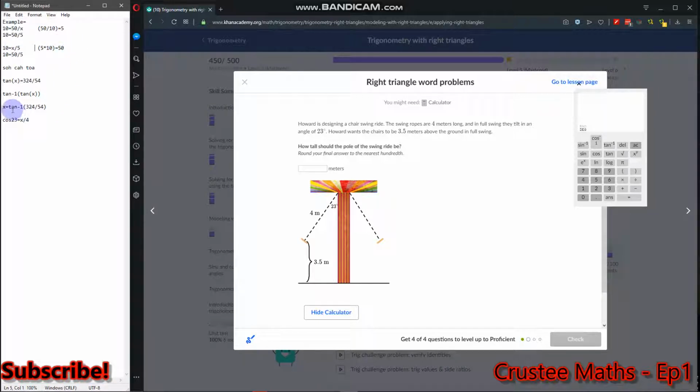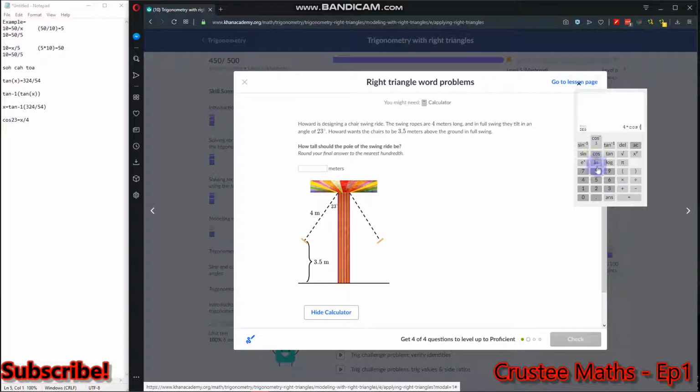So it's basically 4 multiplied by cosine of 23. If we press equals, 3.68201914, which rounded to the nearest hundredth is 3.68.